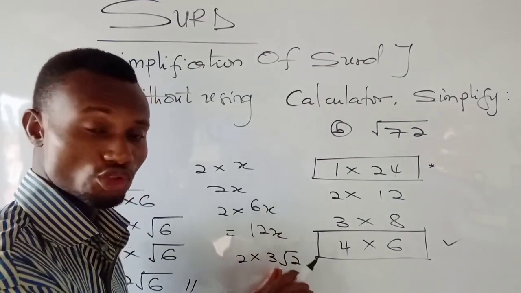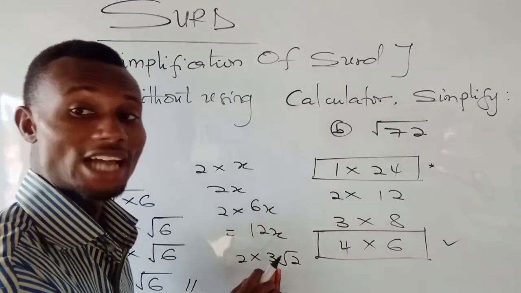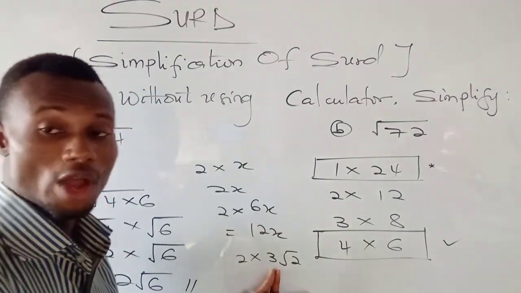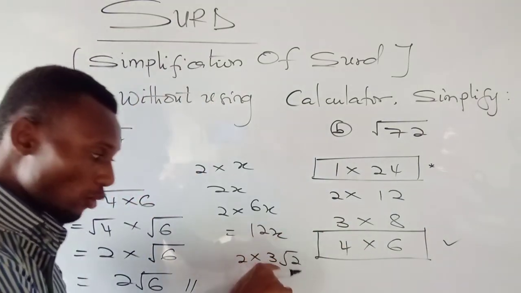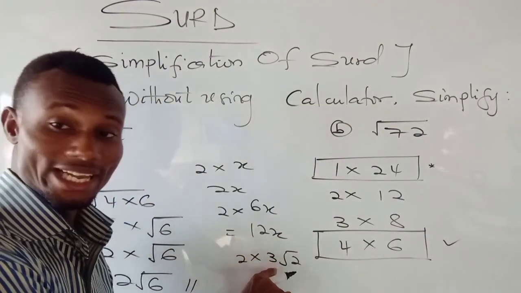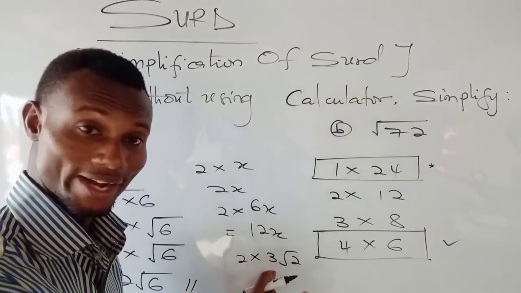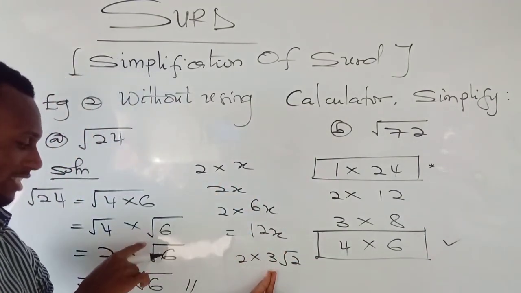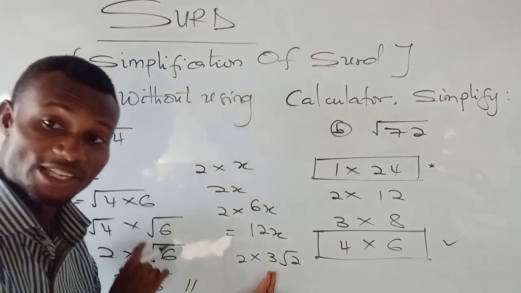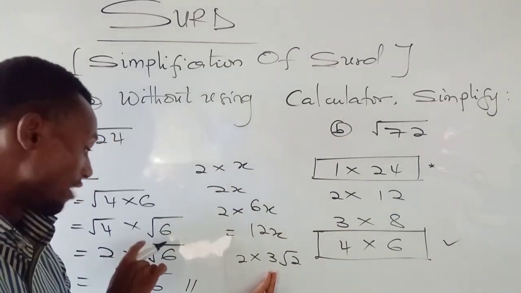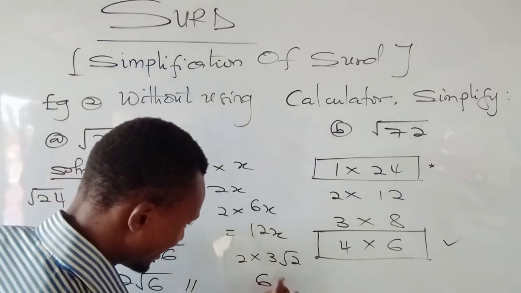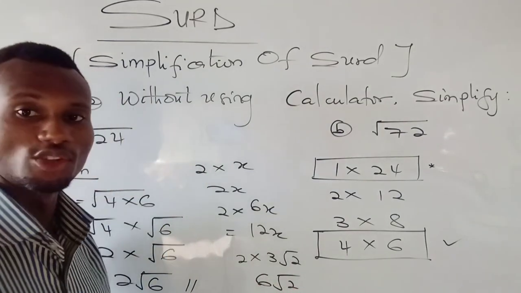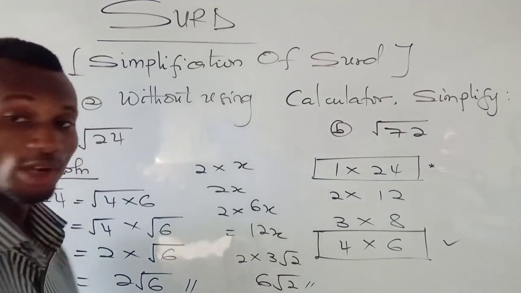The coefficient of the root 2 is 3. So it's going to be 2 times the 3, which is 6. So we are going to get 6 root 2. Here the coefficient of the root 2 has been specified to be 3. This one, the coefficient is 1 because there isn't any specified number there. So it's 2 times the 1. So this one, it is 3, so it's going to be 6 root 2. Okay, so that's how you handle the multiplication.